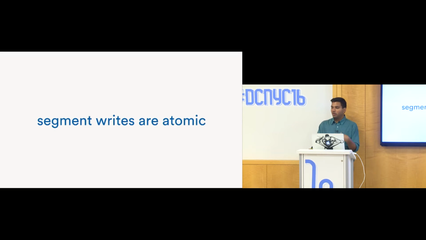It means either all the data gets written or none of it does. So if the file system segment is 4 kilobytes and you're writing 12 or 32 bytes of data, you'll always have those full 32 bytes on disk. You would never be in a case where only 10 bytes or only 5 bytes were written.